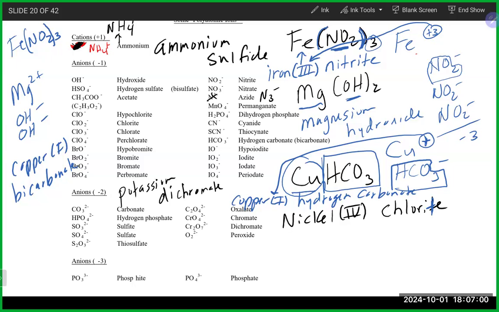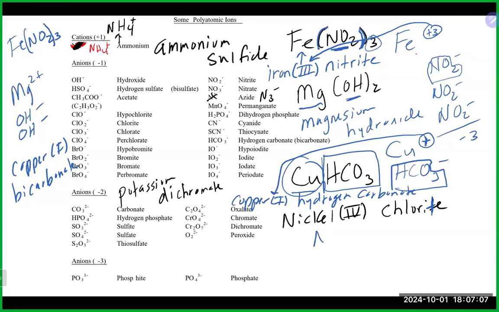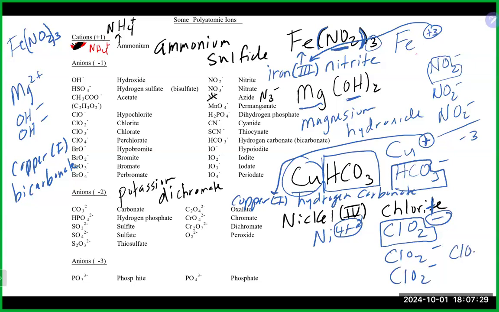All right, so let's do some formulas. We'll start at the bottom here since we're there. Nickel, Roman numeral 4 tells me automatically that my nickel is a +4 charge. Chlorite is ClO2 minus. So ultimately here, when we look at what we're putting together, we got a +4 and a -1. So we actually need not 2, not 3, but we need 4 of these guys basically to balance it out.